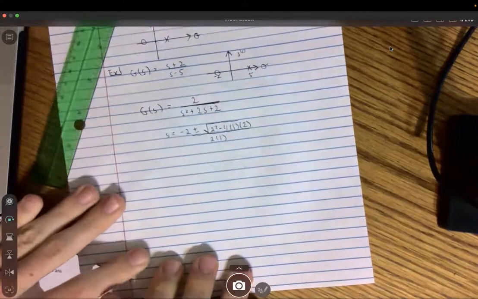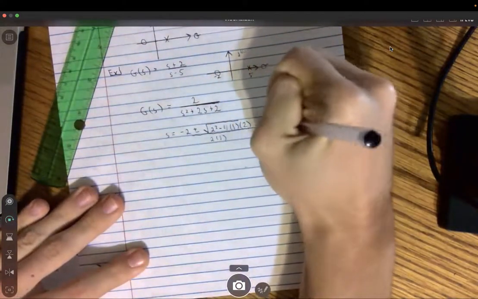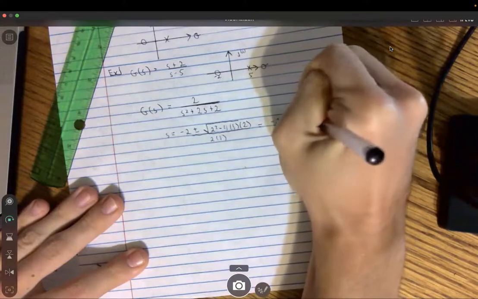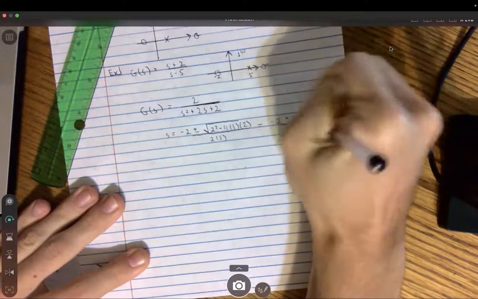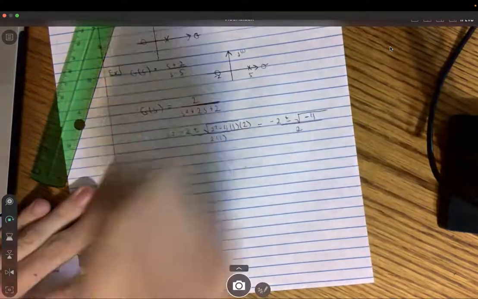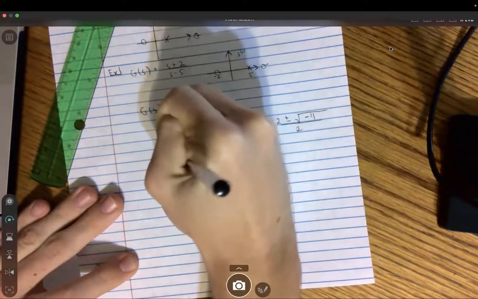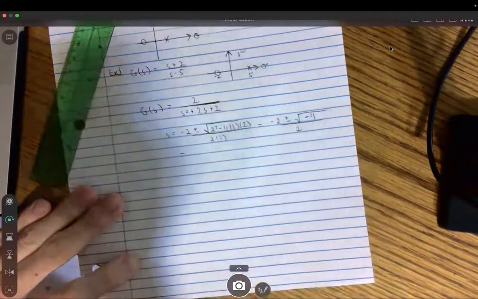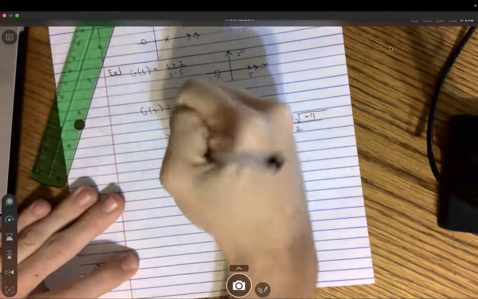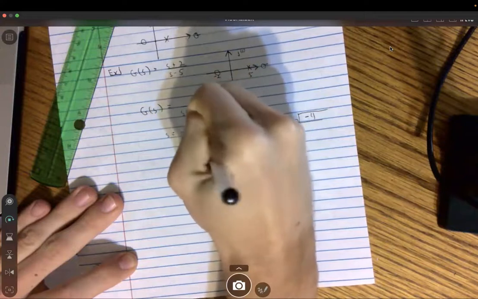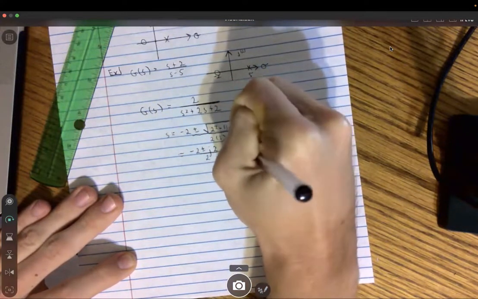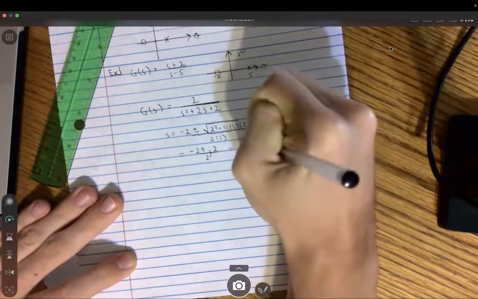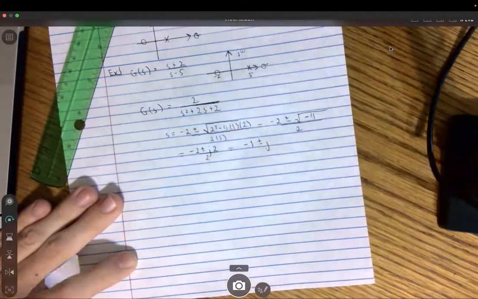And when we solve this quadratic equation, we're going to simplify. So this would be 4 minus 8, so it would be -4, then all over 2. And simplifying even further, we're going to get -2 plus or minus j2 all over 2, which is equal to -1 plus or minus j.